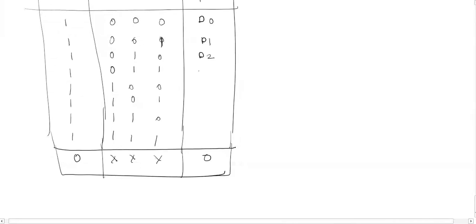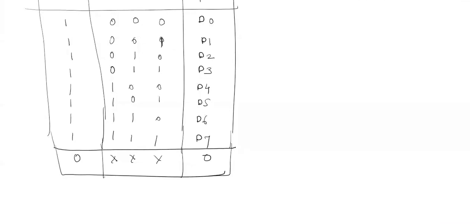D2 is selected as output line. D3, D4, D5, D6 and D7. For 0, 0, 0, D0, 0, 0, 1, D1, 0, 1, 0, D2, 0, 1, 1, D3, 1, 0, 0, D4, 1, 0, 1, D5, 1, 1, 0, D6 and 1, 1, 1, D7.